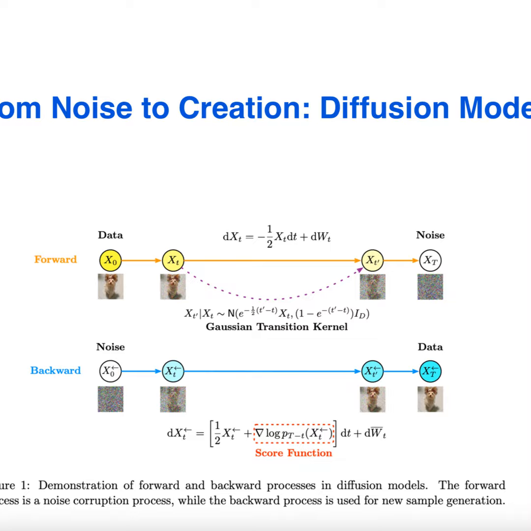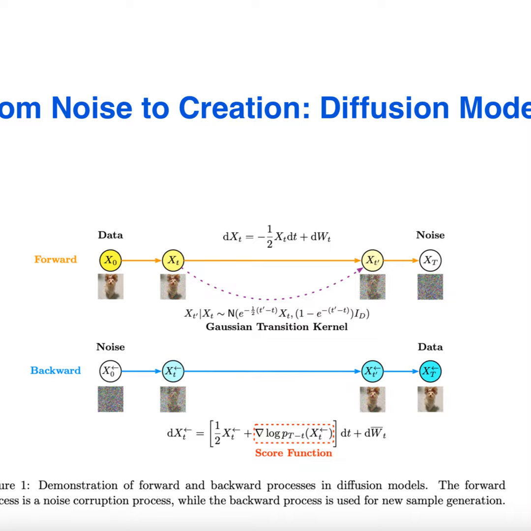But the difference lies in how they reverse the process. Imagine SMLD as taking tiny controlled steps back through that noise, guided by the score. Okay, I'm kind of seeing it. DDPM, on the other hand, is more like taking a series of probabilistic jumps back to the original data. It uses a whole bunch of models to do this. So they both add noise, but reverse it in different ways. All right, I think I'm following so far.